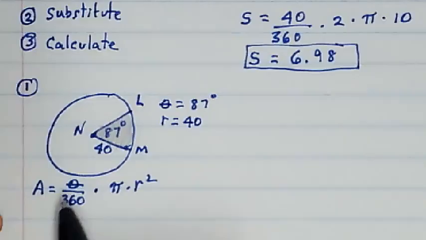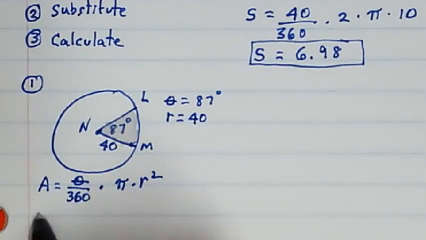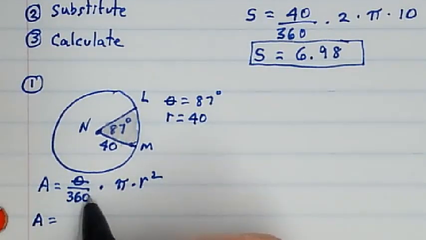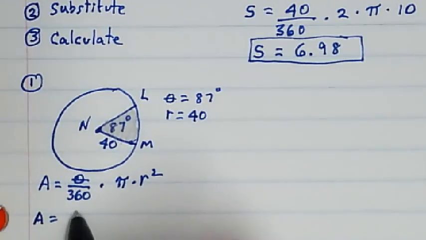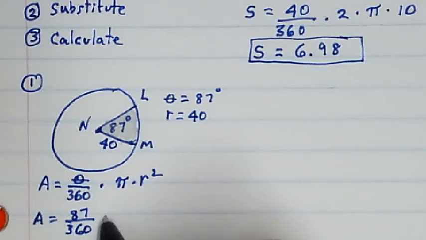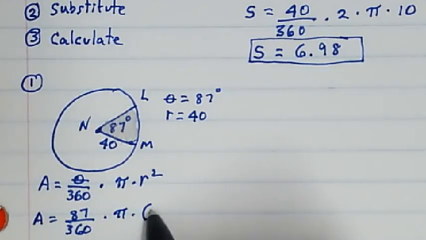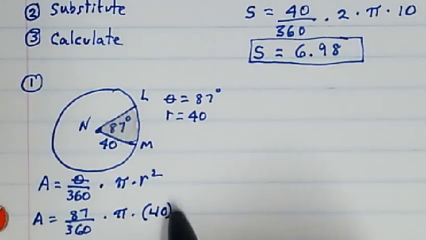So I say area equals theta over 360. Well, theta is 87. We're talking about 87 degrees over 360 degrees. Now, multiply it by pi and make that other substitution for the radius. That's going to be 40, but what do you do to the 40? According to the formula, it's asking for an exponent of 2.